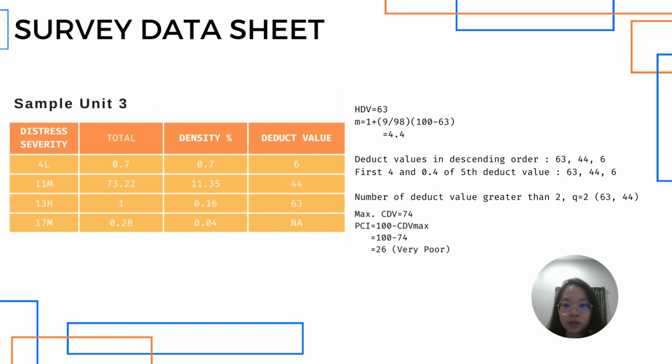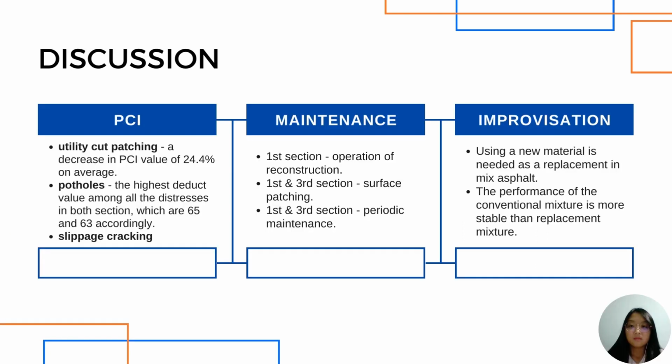As for sample unit 3, we have determined that the PCI is 26, which is very poor, because as we can see here, the distress severities are mostly between medium and high. For the rest of the sample units, we have not detected distresses. That is why we only calculated for sample 1 and sample 3.